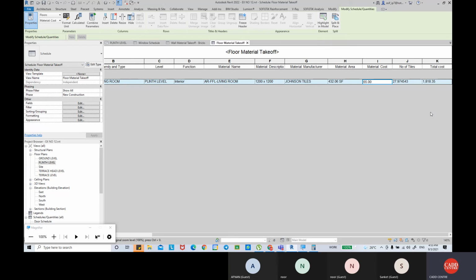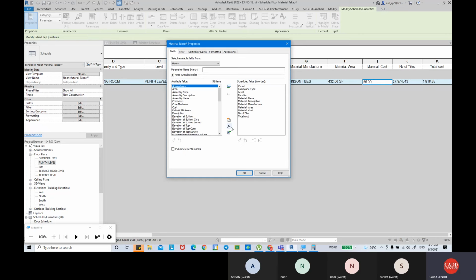So 1818.85. That's just for the cost of material, means cost of tile only. It's quite cheap right now because the tiles is quite cheap, basically.